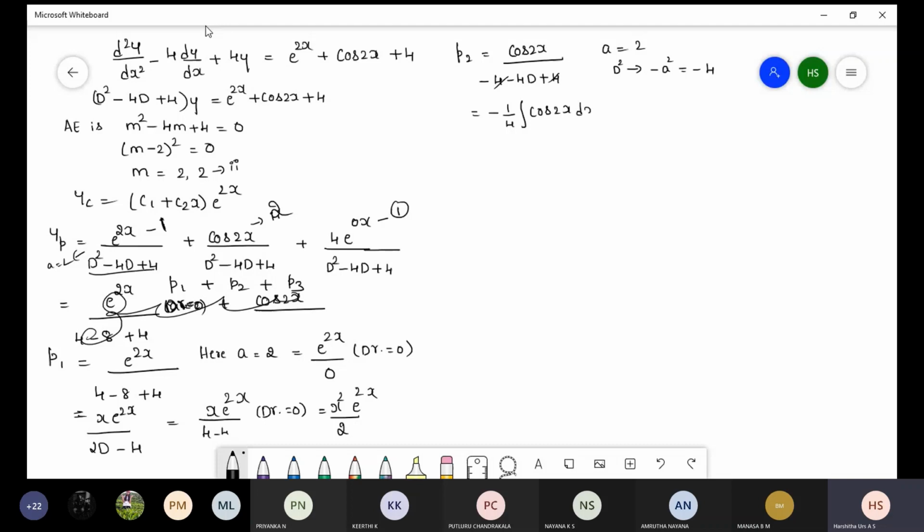So here minus 1 by 4 integration is sin 2x divided by 2. So we get minus sin 2x divided by 8.